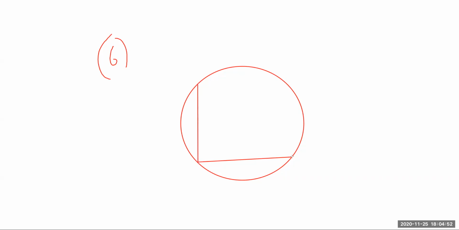If we connect these 2 points with the baseline, we have a diagram like this. If you get a diagram like this in the exam, what this simply means is, if this angle here is 70 degrees, then this angle here is also 70 degrees.